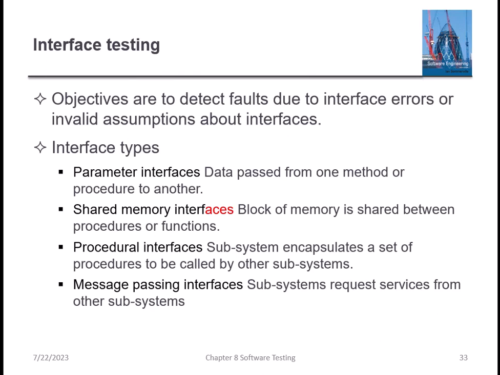Parameter interfaces include data passed from one method or procedure to another. Shared memory interfaces use a block of memory shared between procedures or functions. In procedure interfaces, a subsystem encapsulates a set of procedures to be called by other subsystems, and message passing interfaces include subsystems requesting services from other subsystems.